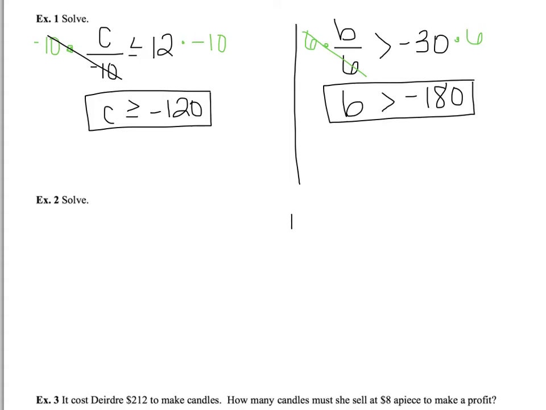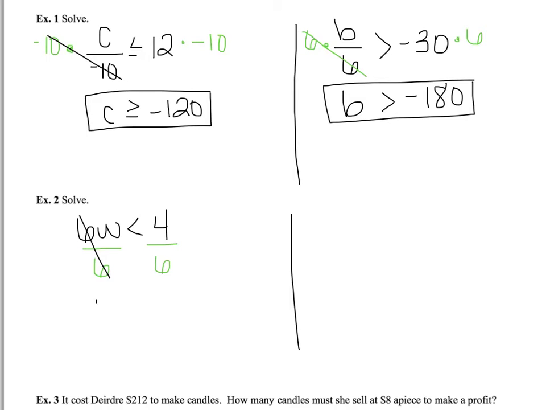Example 2, let's focus on solving inequalities with multiplication by dividing. So here, my original inequality is 6w is less than 4. When a number and a letter are hugging, that represents multiplication. So to undo multiplication, we need to divide both sides by 6. 6 over 6 goes to 1.